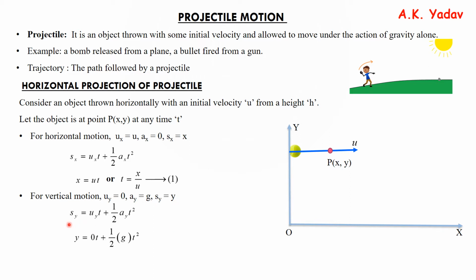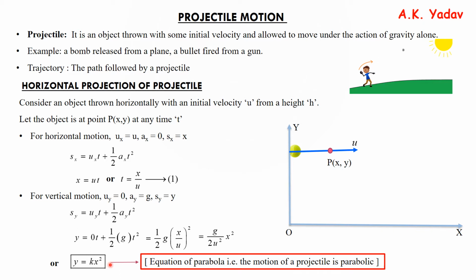Again, using the second equation of motion, we can write y is equal to 0t plus half gt square, or half g, we put the value of t from equation 1, and when we solve it, we can write y is equal to gx square upon 2u square, or we can write y is equal to kx square. This is the equation of a parabola. This means that the motion of the projectile is parabolic. As you can see, the motion of the ball is parabolic. The shape is the shape of a parabola.